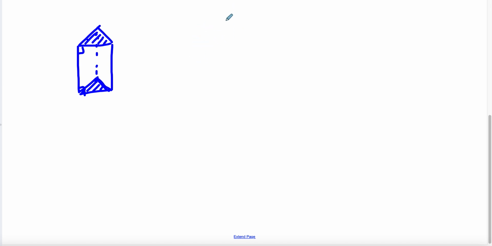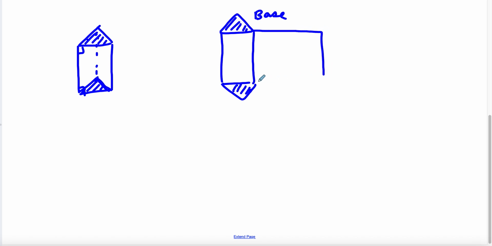So if you open that up, you're going to have 2 triangles, top and bottom, they are bases. So base 1 and base 2, exactly the same size. And if you open this up, you're going to have 3 rectangles, exactly the same, right?